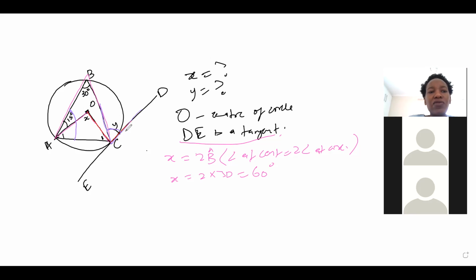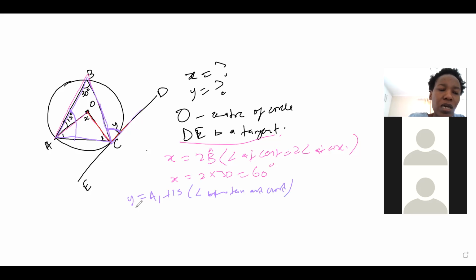If we look at the bigger triangle, that's the angle between a tangent and a chord, the one on the alternate segment. So Y is equal to A1 plus 15. That's the angle between tangent and chord.